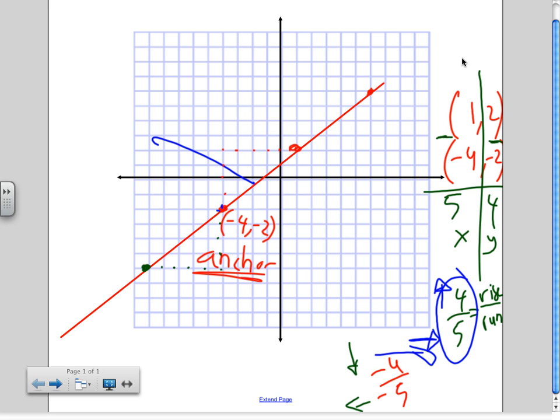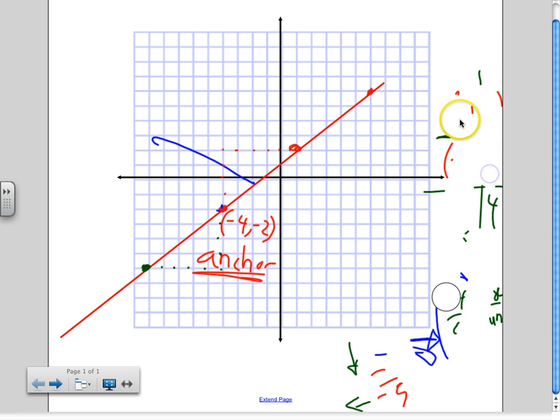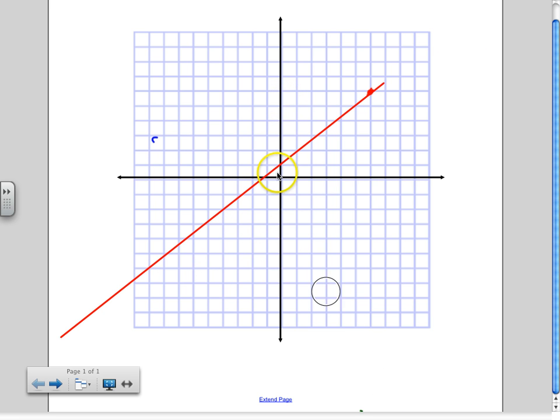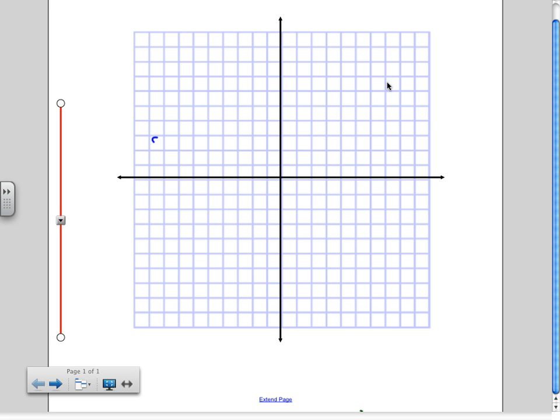Okay, let me ask you this then. What if, let's restrict this line for a minute. So here's my point. Let's say I give you -2, 3, and I give you a slope of 0. What did I just give you?